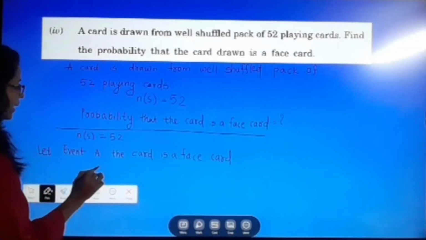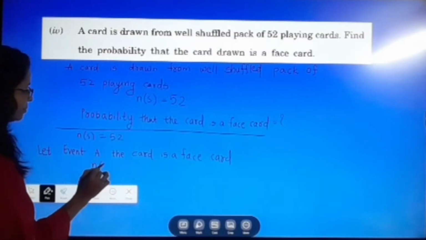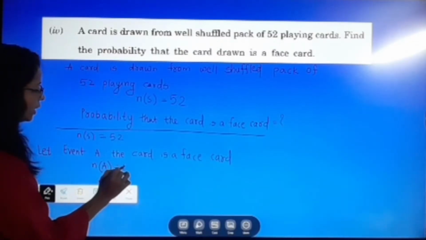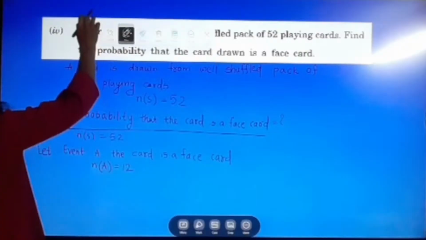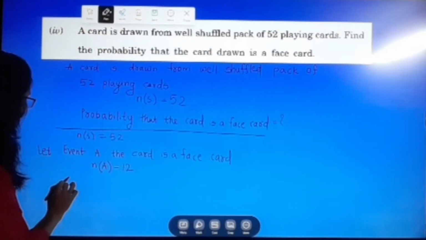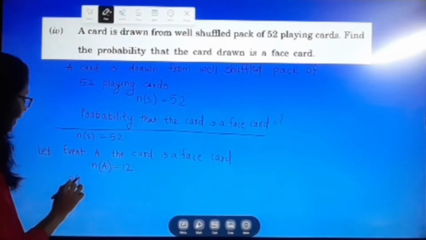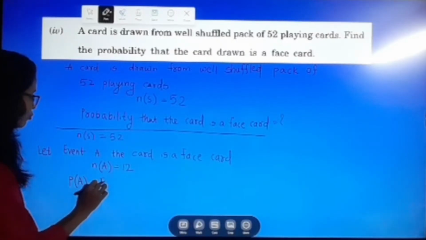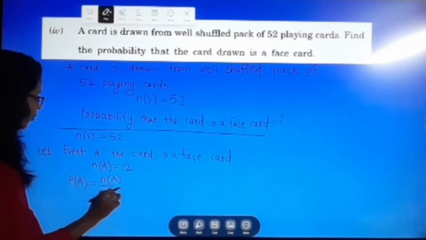So here that card is a face card. That means students n of A is equal to 12. Okay, n of A is equal to 12. And here students the probability of A is equal to n of A upon n of S.